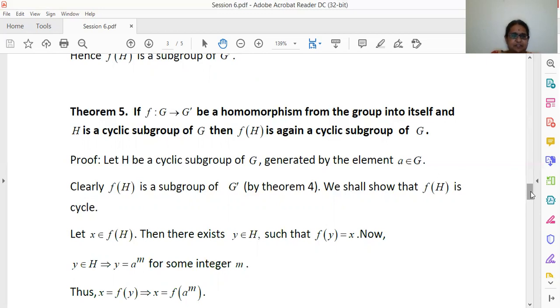Let x belong to f of H. Then there exists y which belongs to H such that f of y is equal to x. Now, y belongs to H. Since H is cyclic, the element y can be written as y is equal to a power m for some integer m. Here a is the generator.